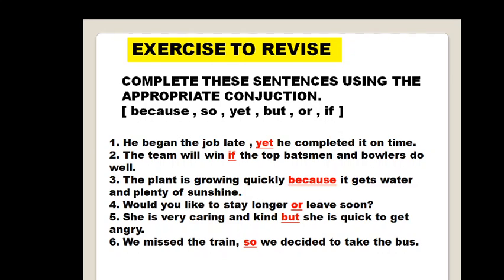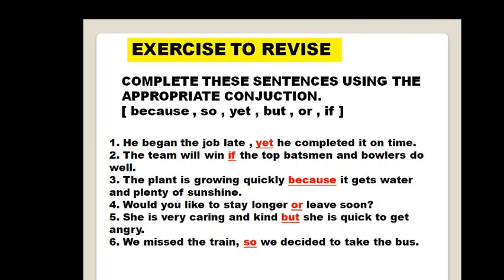Began the job late, completed it on time. These two are the opposite things. To join two opposite things, what is the conjunction we use, children? Yeah, conjunction yet. So, the answer here is yet.